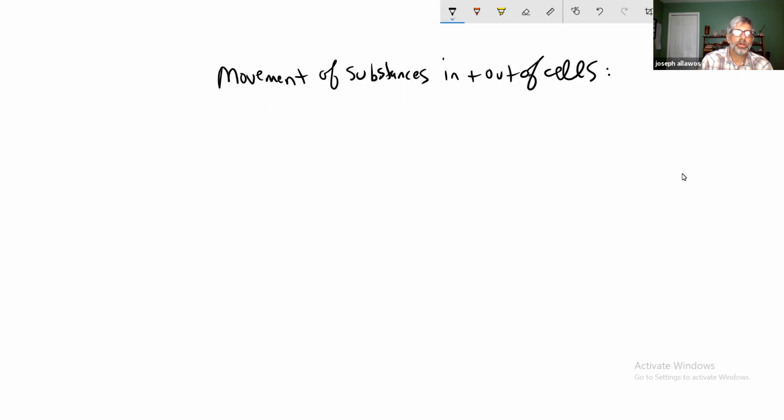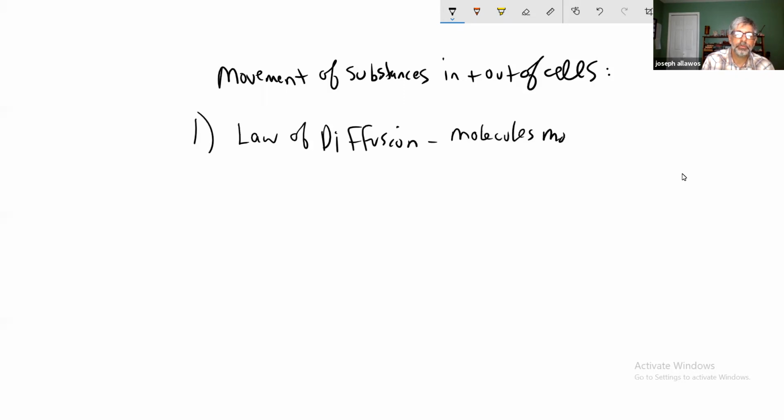Okay. So primary law, one of the primary laws of how things move is the law of diffusion. And the law of diffusion says molecules move from higher to lower concentration.